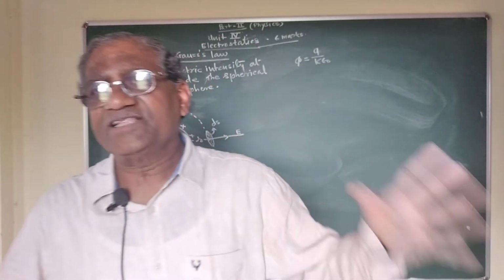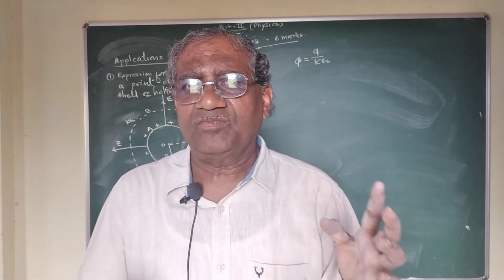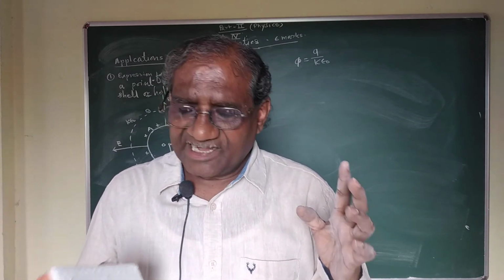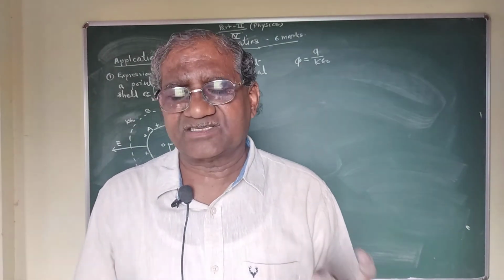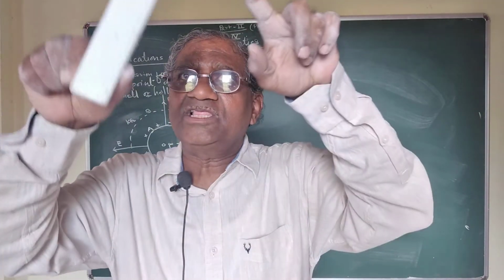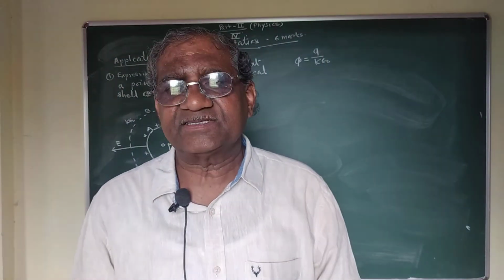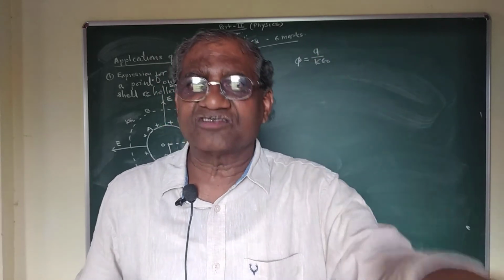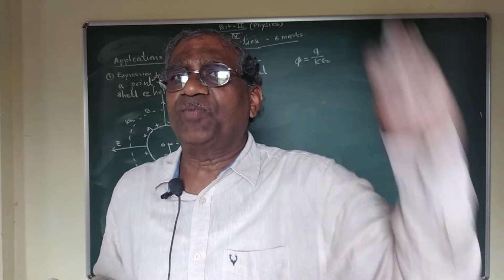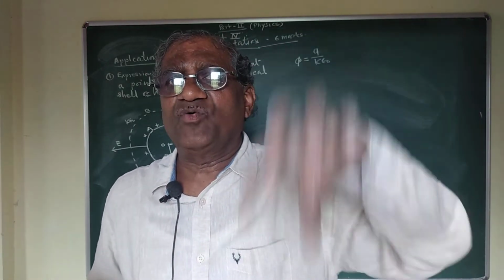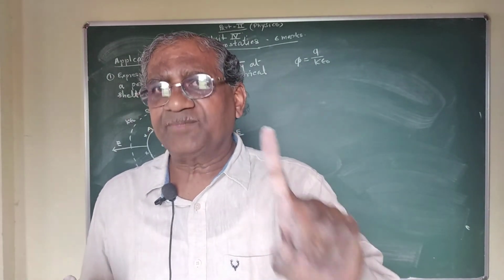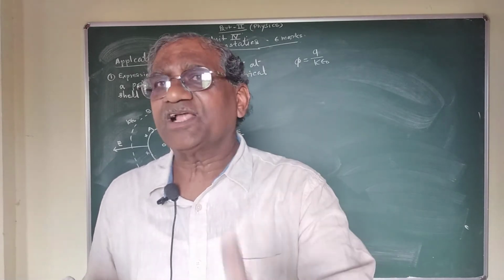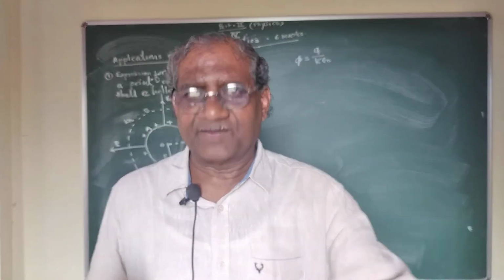Now equating these two, by definition of electric flux we find the total electric flux over the whole Gaussian surface, and by Gauss law this is equal to 1 upon k epsilon 0 times the total charge enclosed by the surface.